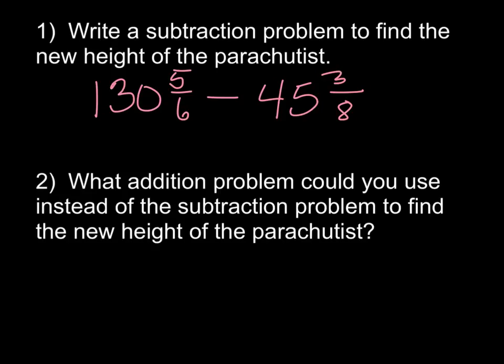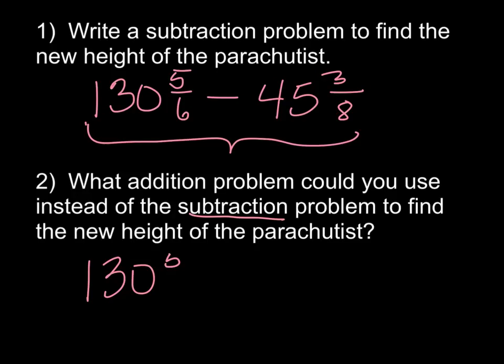And we have to use this same expression as an addition problem. So I'm going to start in the same place. I'm not going to change where the parachutist is starting. Instead of the subtraction problem we started with, we're writing an addition problem.